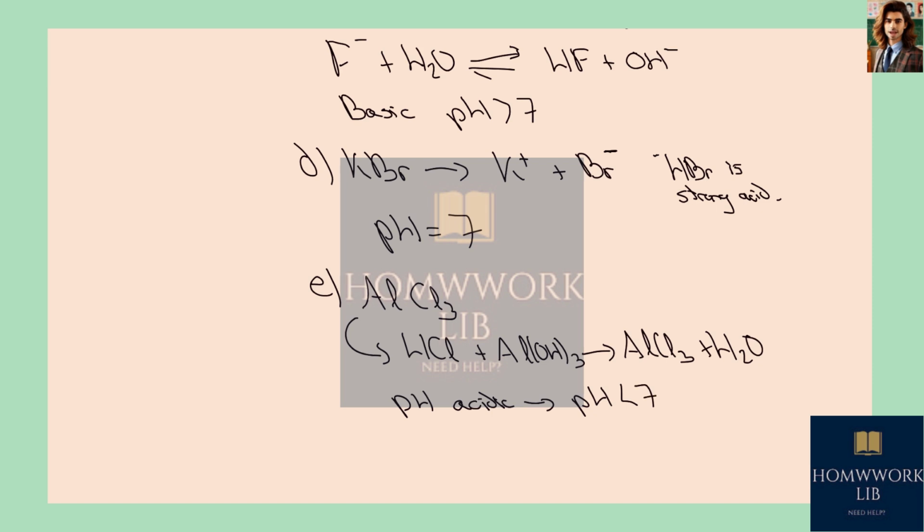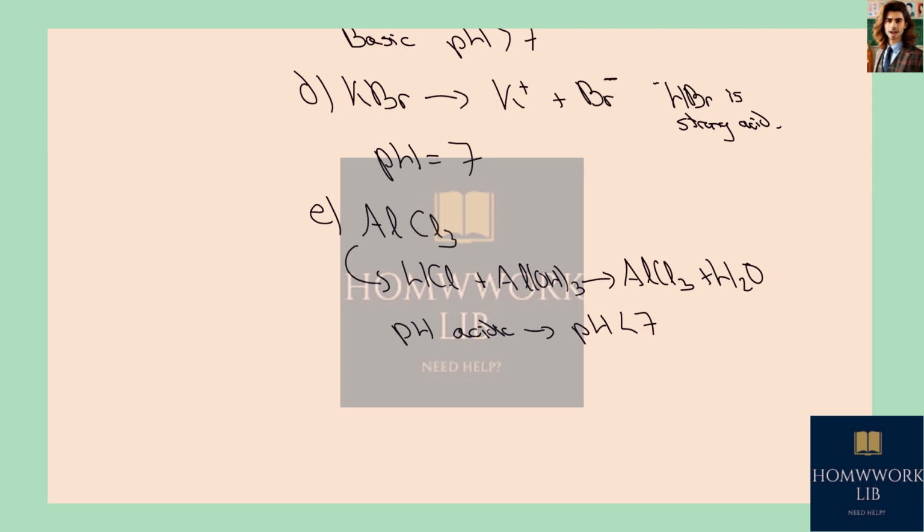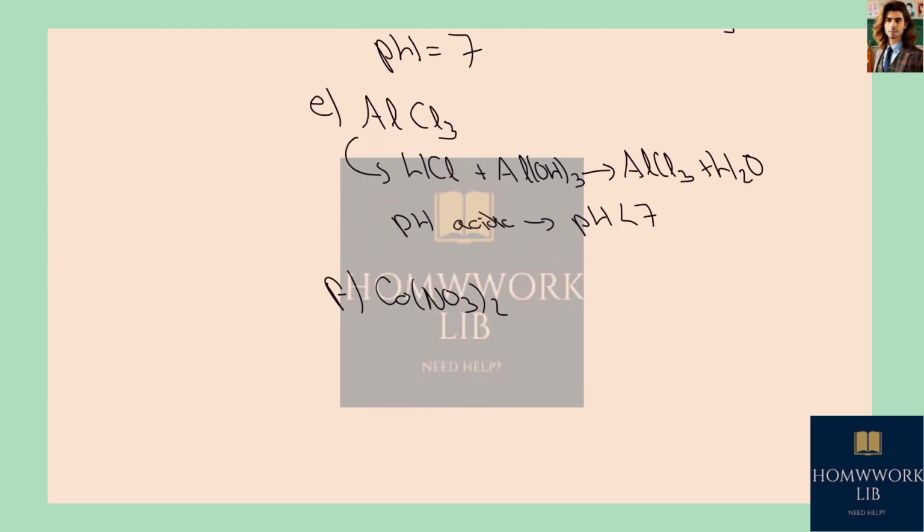And finally for F, over here, cobalt nitrate, we can generate this from the neutralization of HNO3 plus cobalt hydroxide.